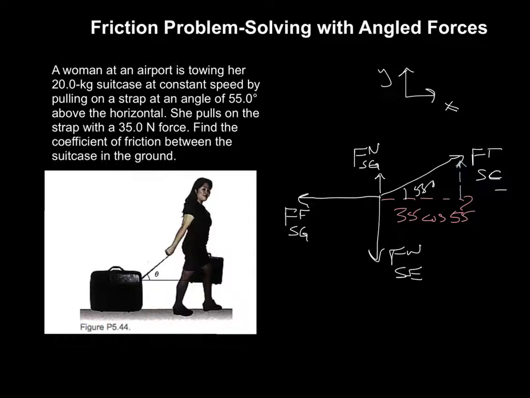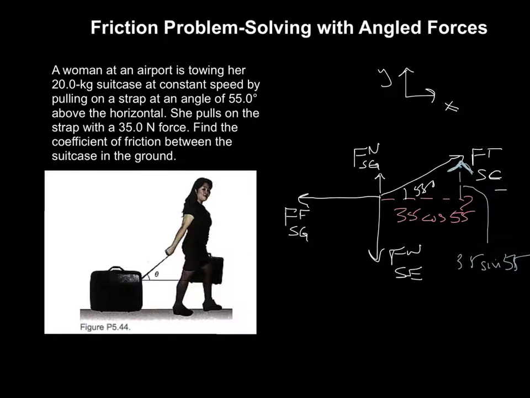And then here, it's a little bit tight, so I'm going to bring it down here. That side, remember, components have a direction too, so that's pointed upward. That's going to be 35 sine 55. Okay, so now we have componentized our angled force.